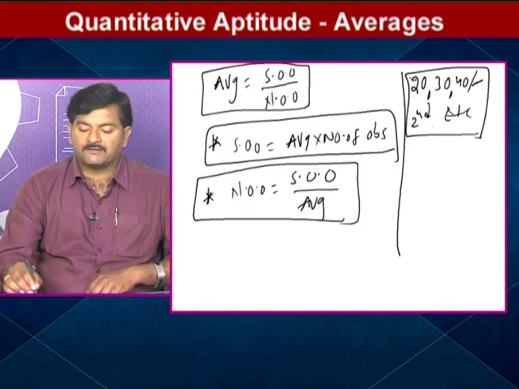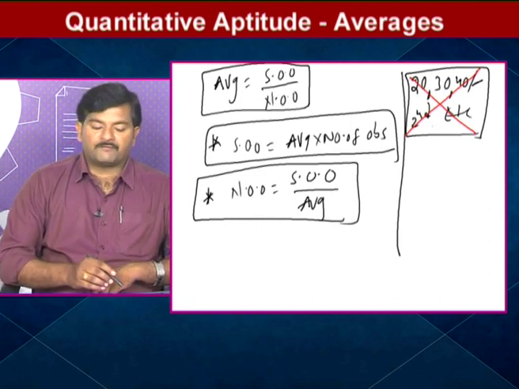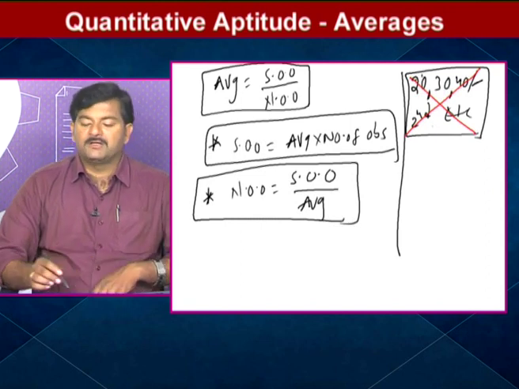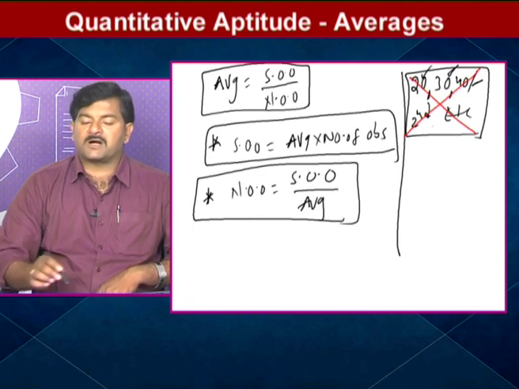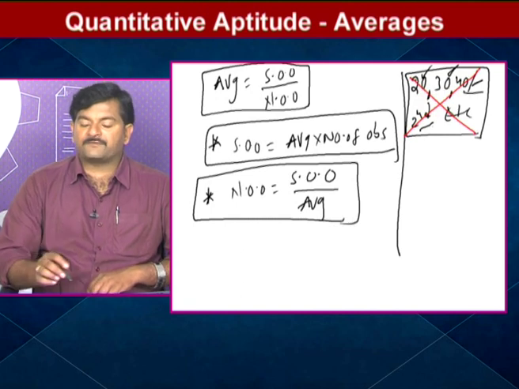Because why? What is the reason? Because they are not in the same units. For example, one parameter is given in terms of marks, the next one in terms of rupees, and the third one in terms of rank, etc. Since they are not in the same units, it is not possible to find out the average of all the observations.